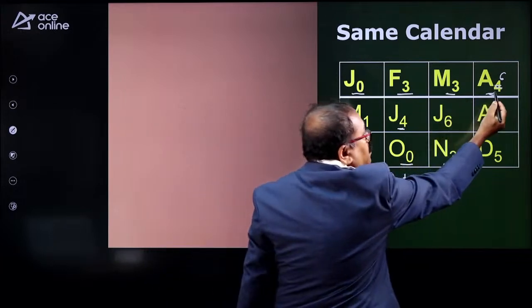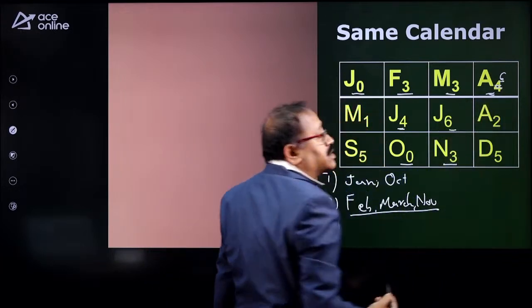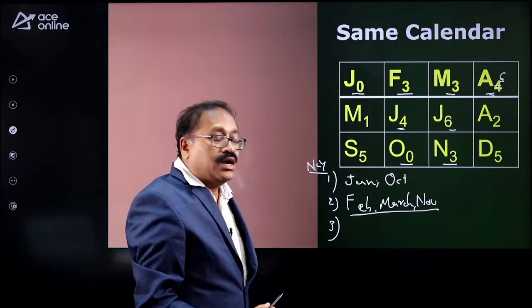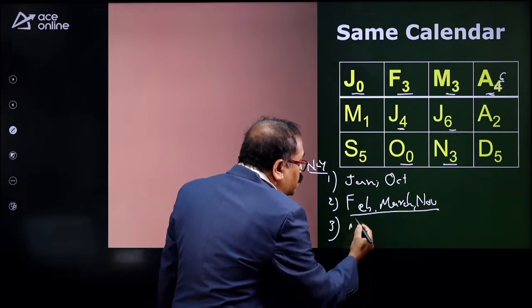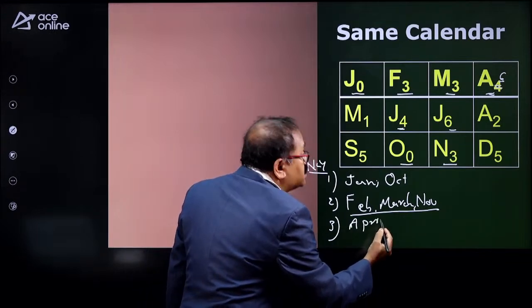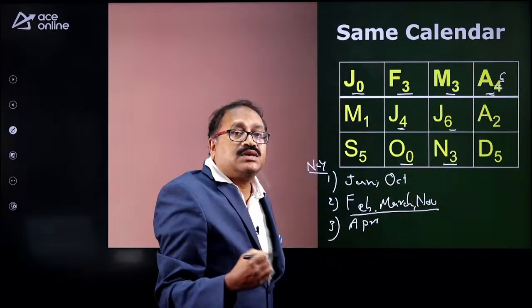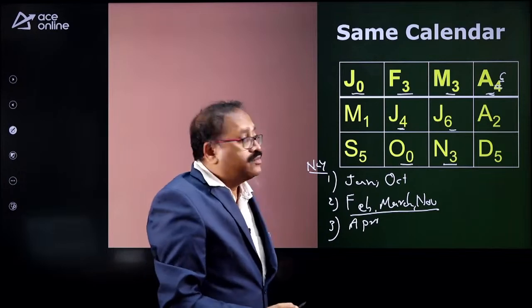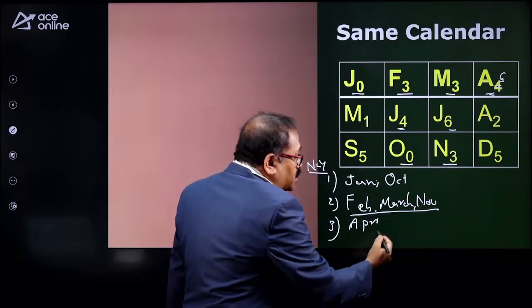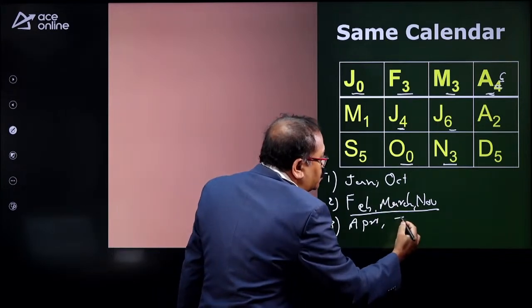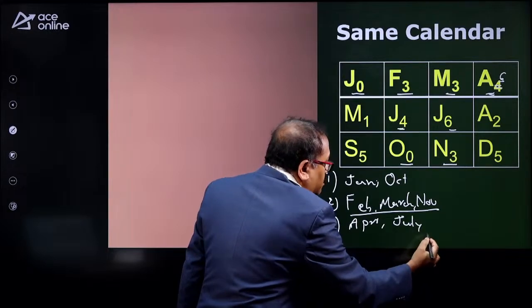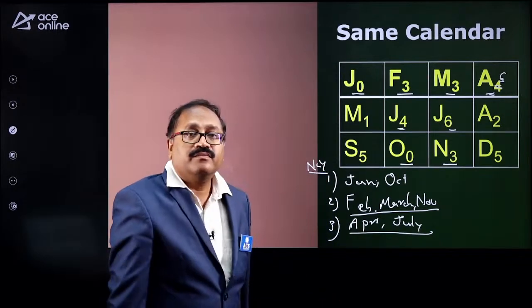So therefore the 6 and 6, April and July. So please correct this one, my friends. The April code is 6, not 4. It's a typing error. So April and July, these two calendars will remain the same.